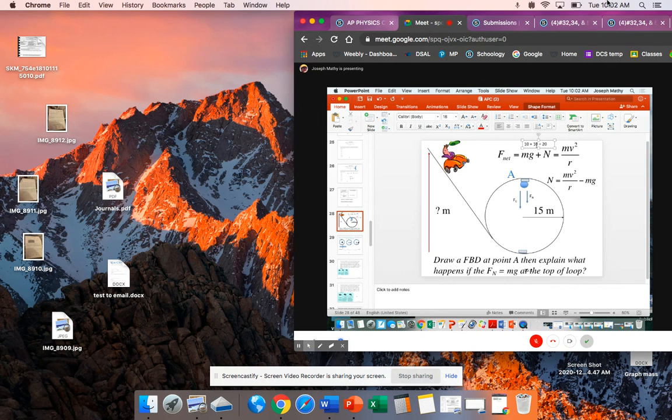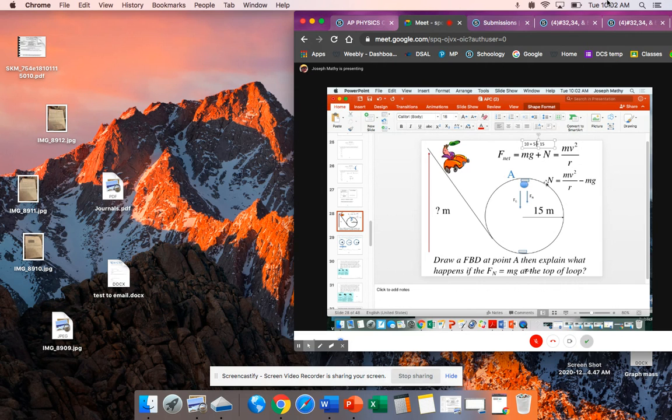And here's what I mean. Let's say that we just started going slower. If we start going slower, then our normal force will actually change. This will register a different number.